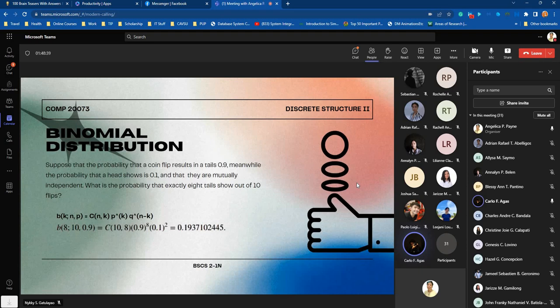So 0.1 to the power of 2. When we compute that, we get 0.1937102445, which translated as a chance means we have a 19.37% chance of getting 8 tails out of 10 flips.